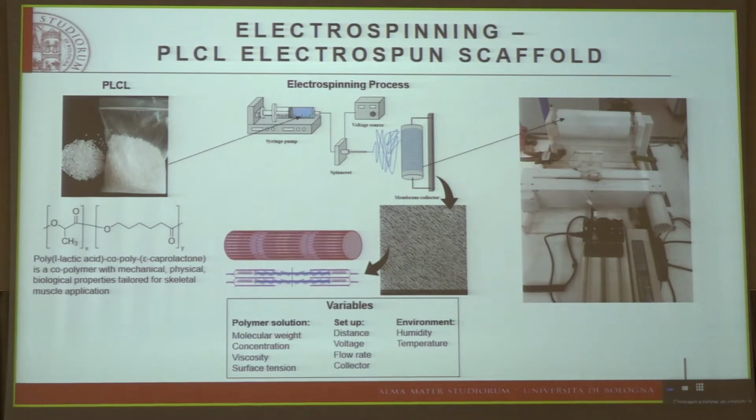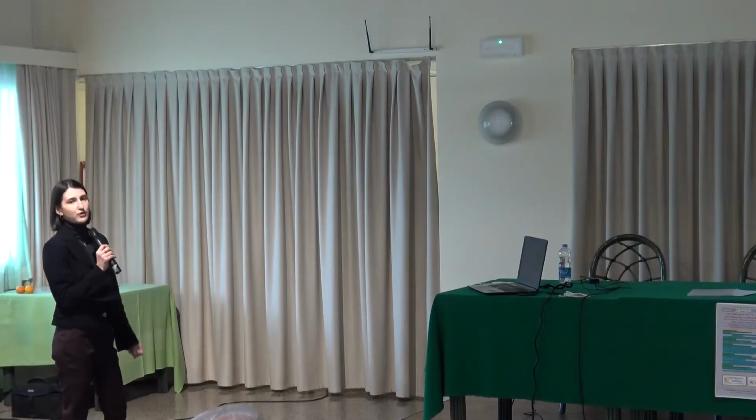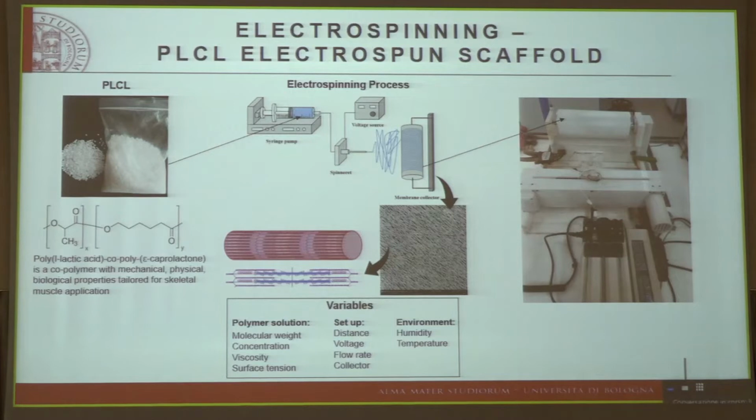The polymer, now in nanofiber size, wraps around the drum collector because it has a high-speed rotation. So it forms at the end a matrix, this electrospun net composed of nanofibers. In order to reach the best results using this technique, we have to manage three variables: the polymer solution, the setup of the instrument, and the environment.